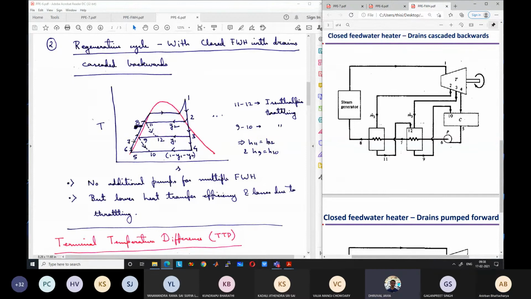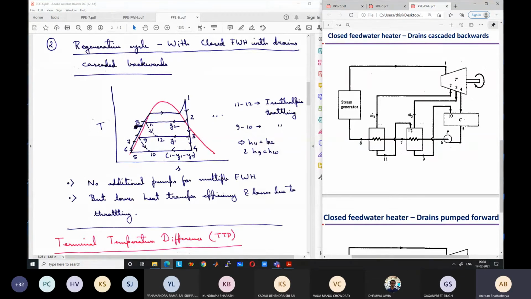So the temperature at 9. Here 9 is equal to 3, but it has to be lower than temperature 3, because 3 may be outside. So it can go beyond 9 also in certain cases, as we will see in the next case. In this diagram, it has to be lower than temperature at 9, that is T3.